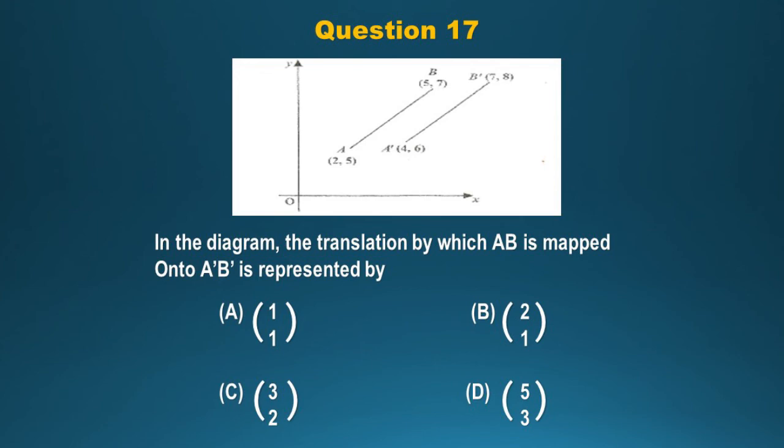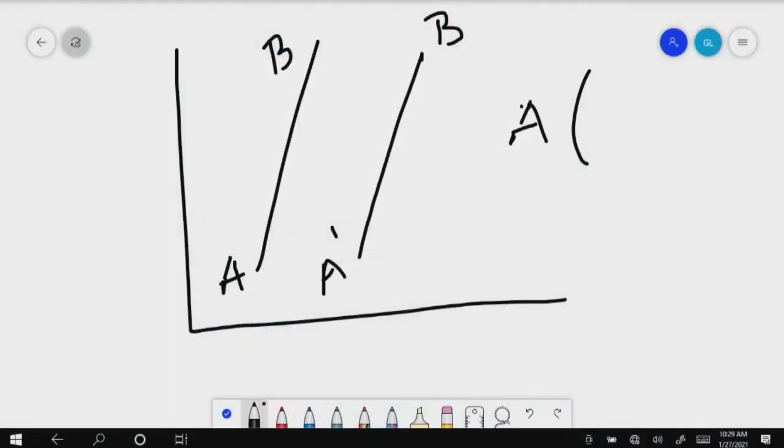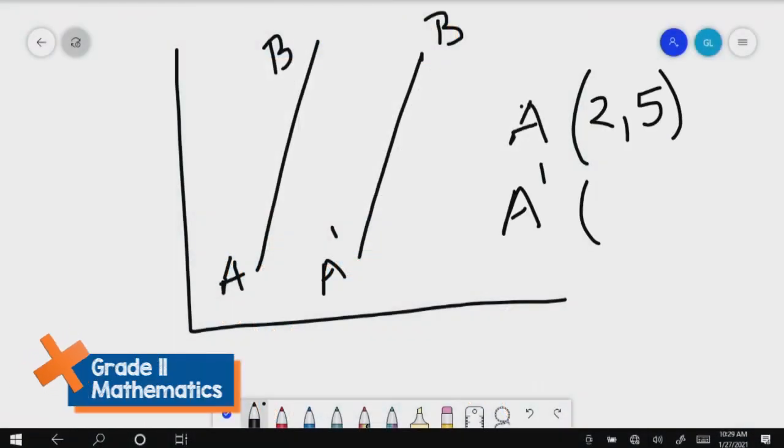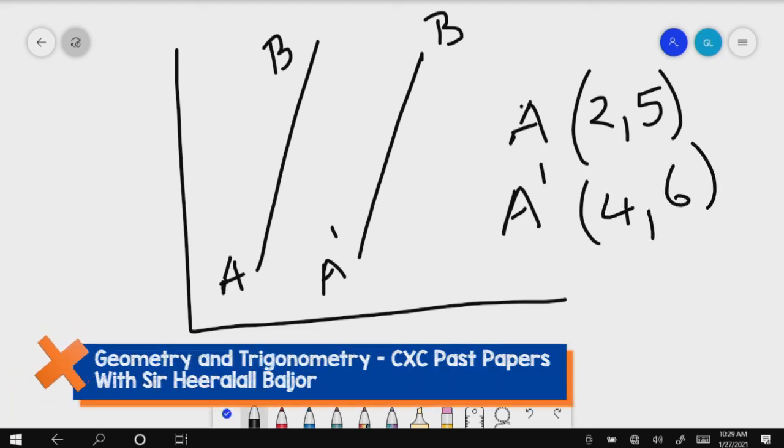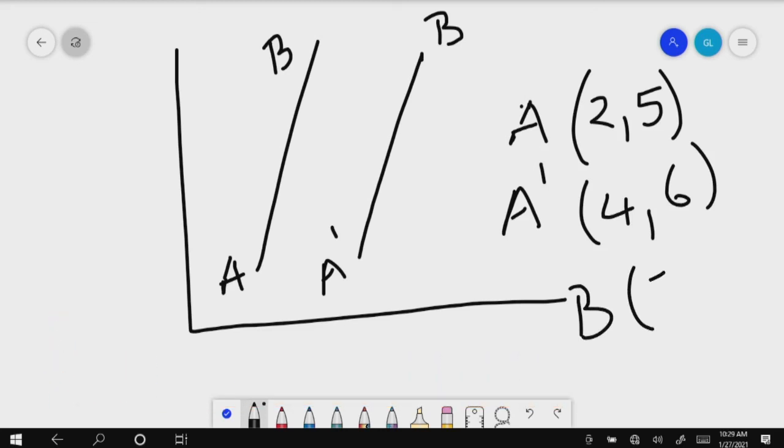We were given the points for A prime, B prime. Now A is given as (2, 5). A prime is given as (4, 6). B is given as (5, 7), and B prime is given as (7, 8).